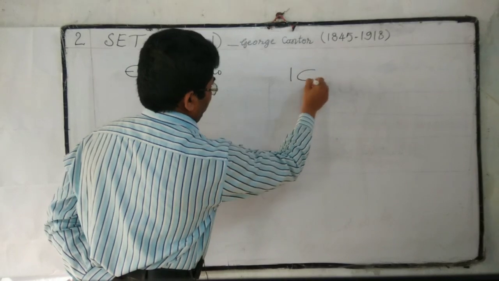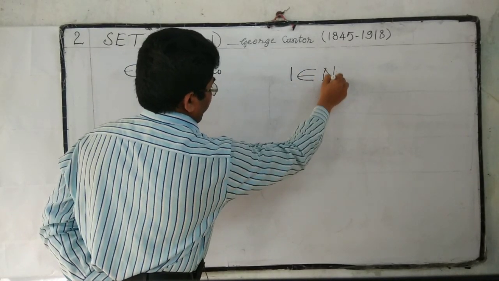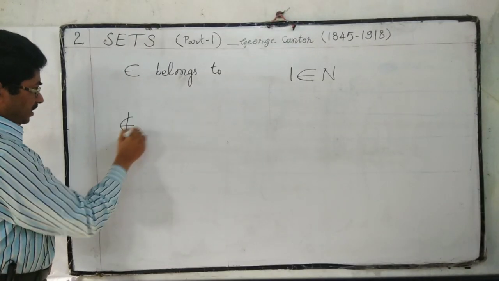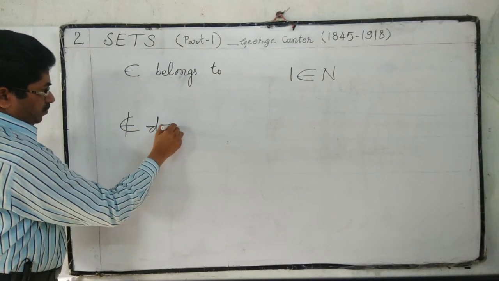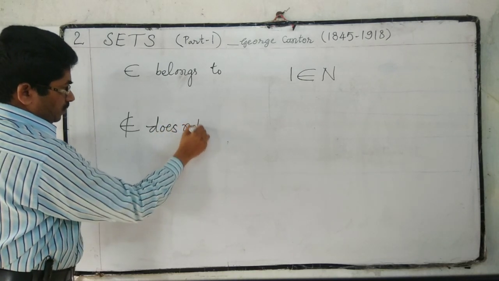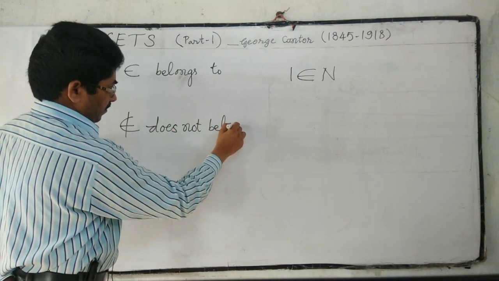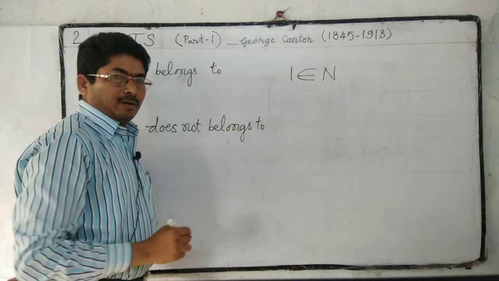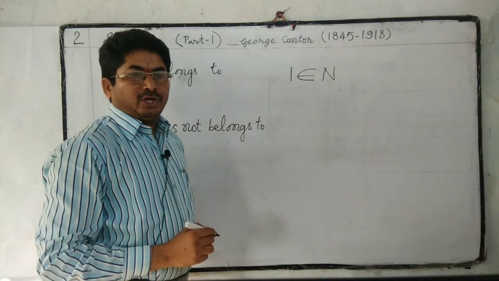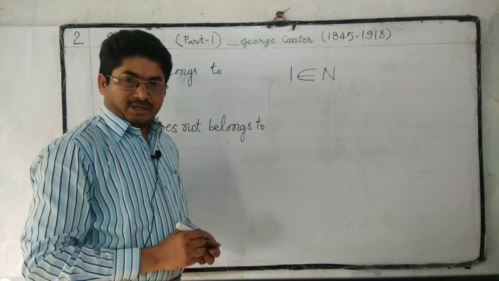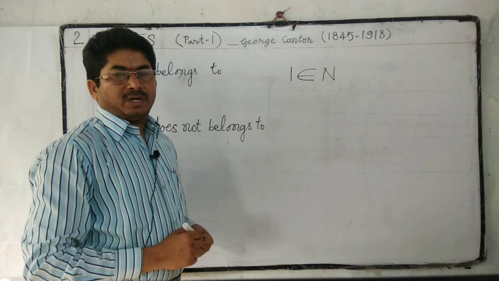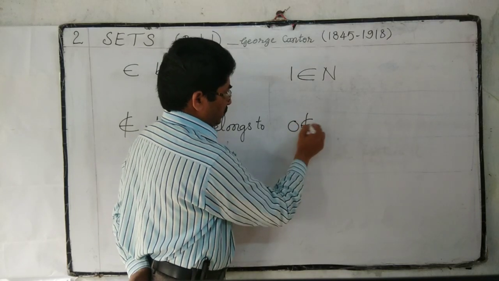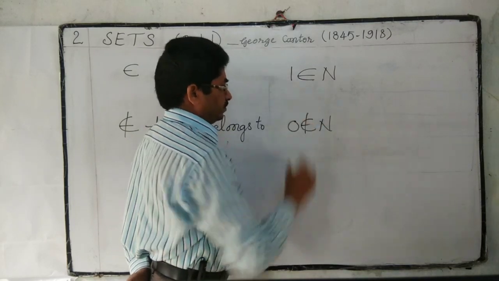We can write 1 belongs to N. Next, the second one, does not belong to. For example, 0 is in the set of whole numbers, but not in natural numbers. So 0 does not belong to natural numbers.